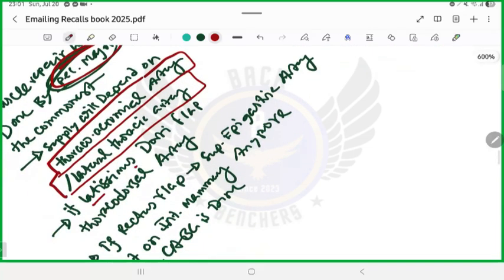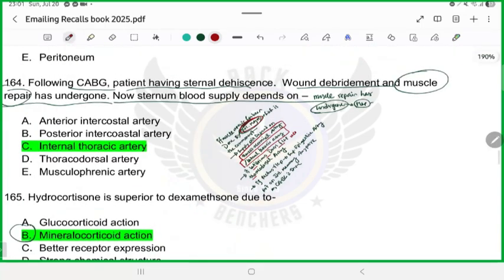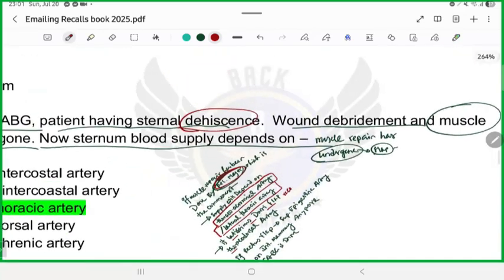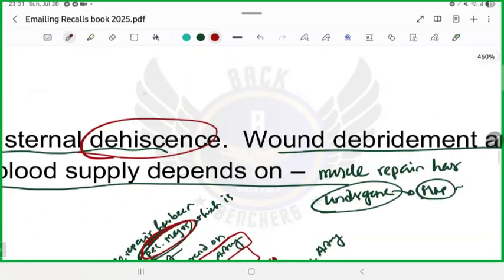If a latissimus dorsi flap was used for muscle reconstruction, as that person has sternal dehiscence due to lack of blood supply, of course, because in CABG what do we do? We harvest the internal thoracic artery. We cut it out.